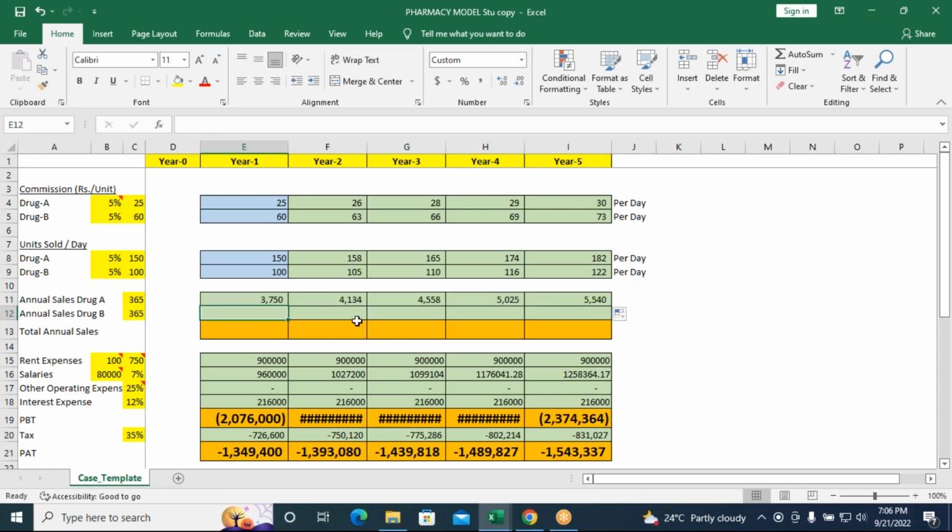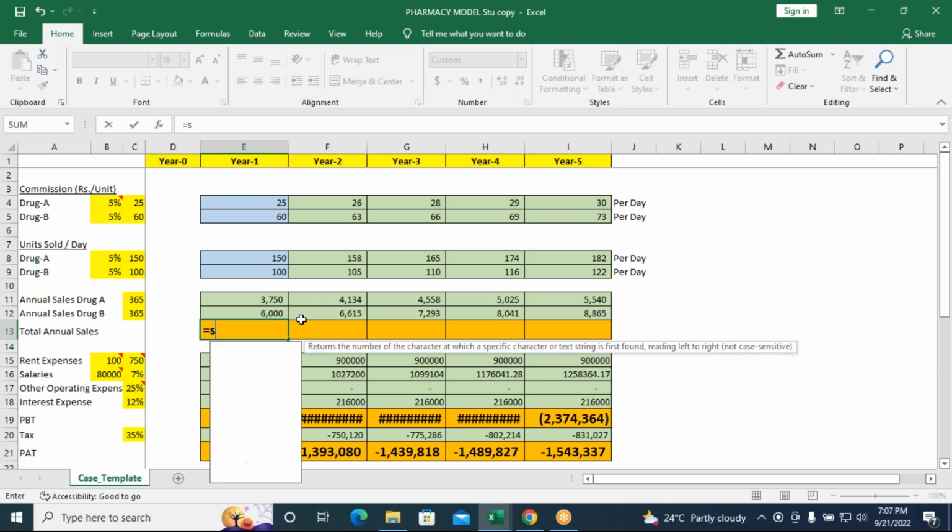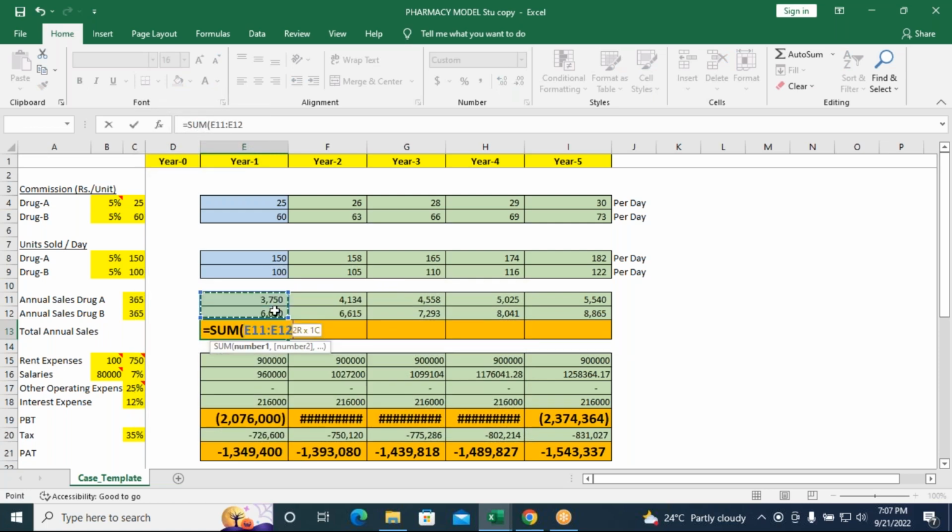And next I'm coming to drug B. So it's equal to 60 into 100. So I'll select this and put the calculation, I'll drag it till here. So now I want to calculate the annual sales. So annual sales is equal to sum of, select the cell range, close the parenthesis, into 365.